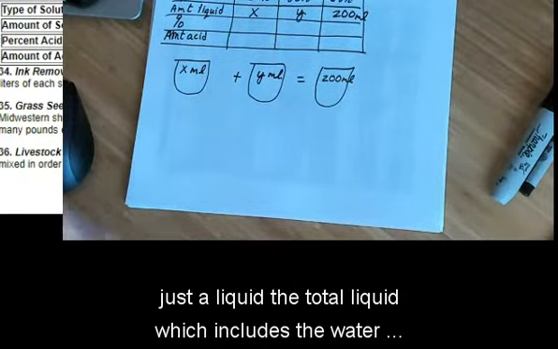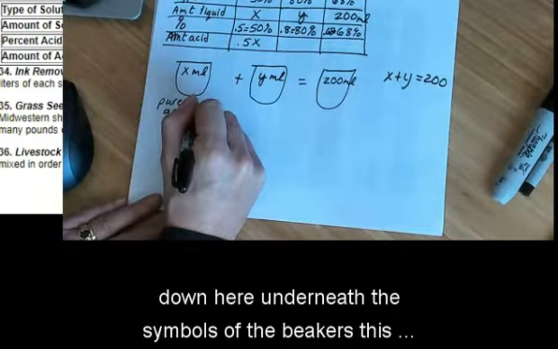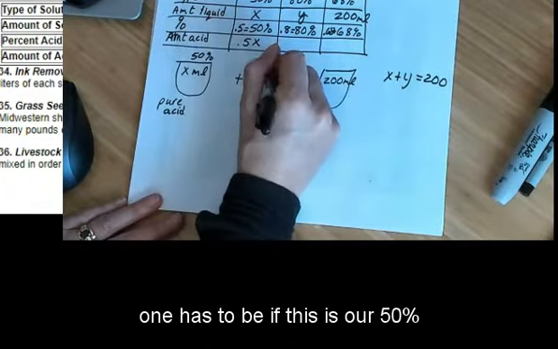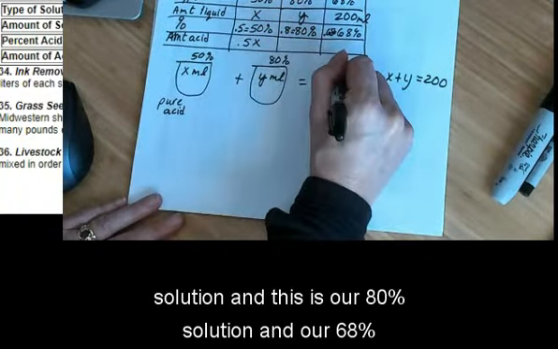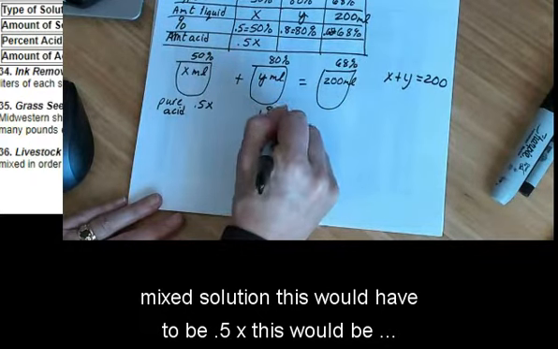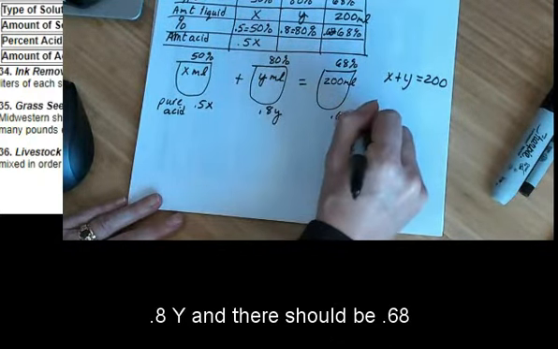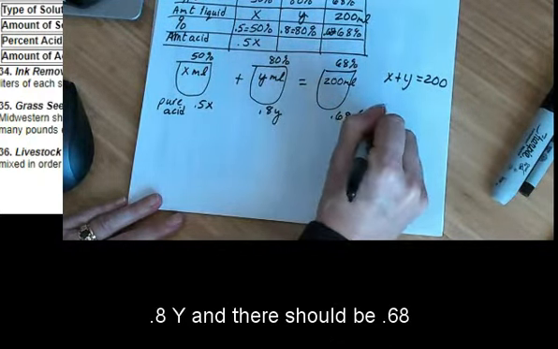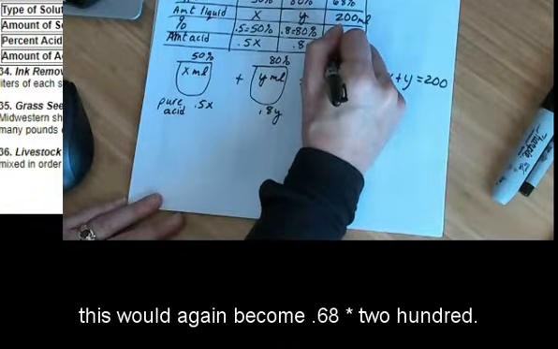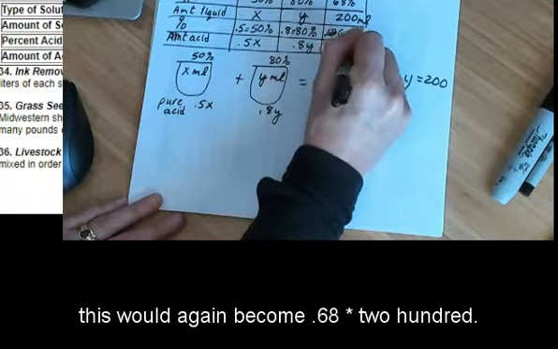That means that the pure acid, which is what I will write down underneath the symbols of the beakers, if this is our 50% solution, this is our 80% solution, and this is our 68% mixed solution, this would have to be 0.5x, this would be 0.8y, and this would be 0.68 times the 200 milliliters.